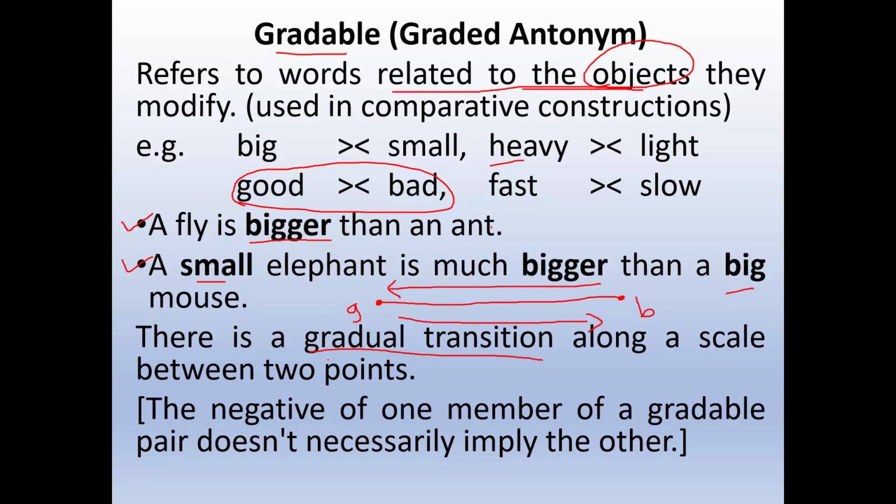So these are the two characteristics of gradable antonyms, and at the same time you need to think about the meaning of this line as well. Next day we start with the same category. We'll recap this and move forward.